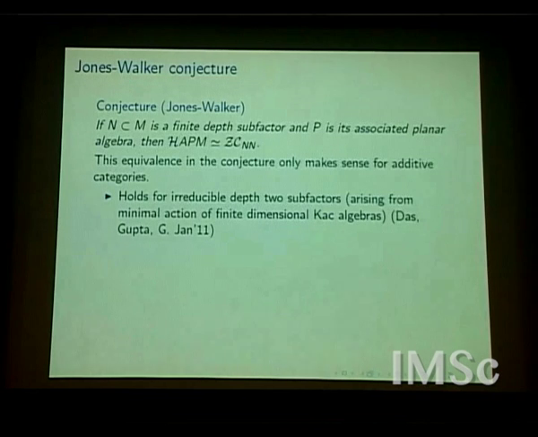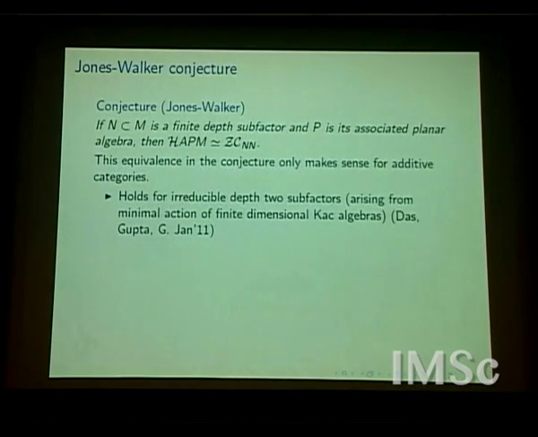But now you see that without irreducibility, that means any weak Hopf algebra, if the conjecture is true, it should be true for any depth. The reason is any finite depth can be seen as an intermediate subfactor of depth 2. So, the NN bimodules generated will be the same. So, this should be true for any finite depth, but the calculations were really nasty.